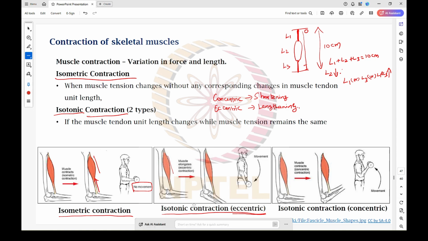Eccentric contractions usually happen when the tension produced by the muscle itself is less than the external load, and the movement is downwards, whereas a concentric contraction is a condition in which the force produced by the muscle is more than the external load or external force.